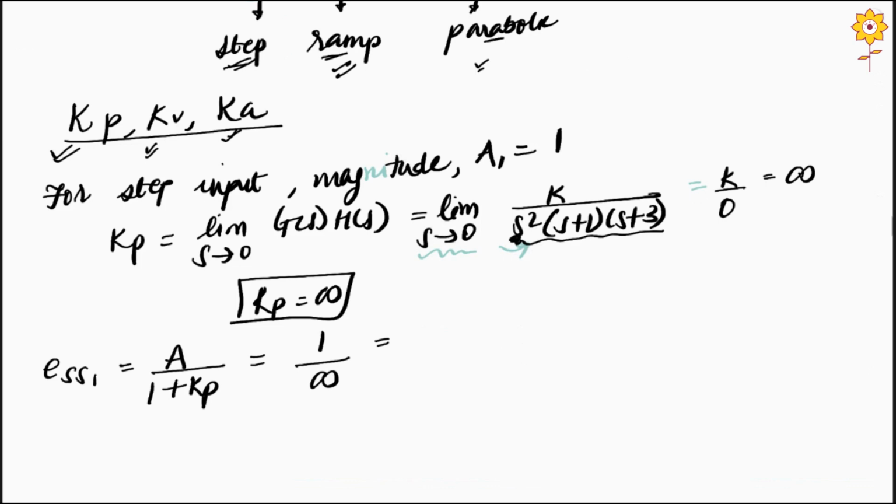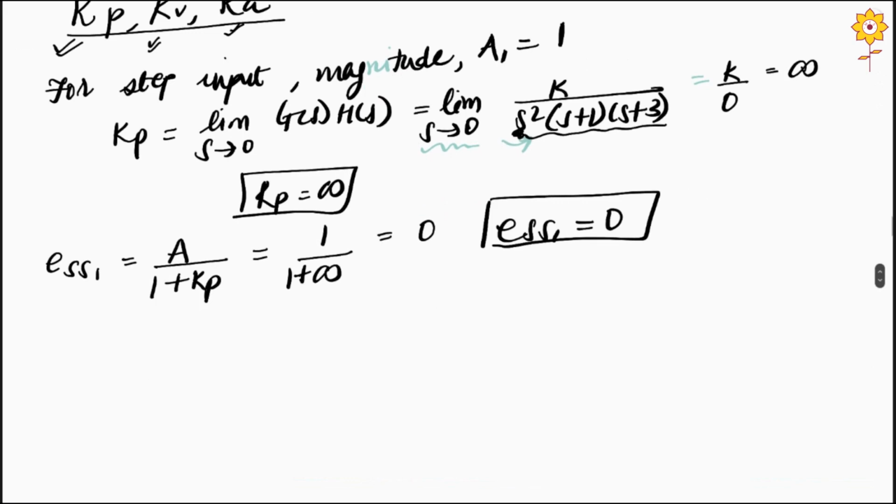Like I told you in the previous lecture, anything divided by infinity will give us 0. Here we have 1 plus infinity, but ultimately 1 plus infinity is also infinity. So, the answer is ESS1, the steady state error in case of step input, is equal to 0. Let us move ahead and do it for ramp input.